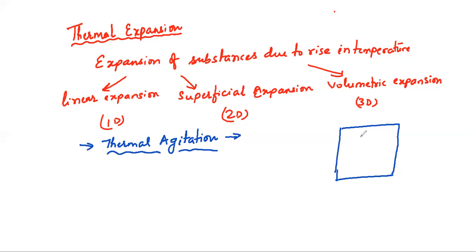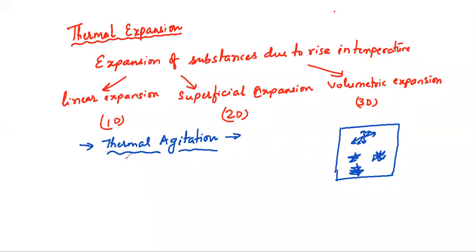These atoms are in random motion, vibrating like this, but they are fixed in their positions. When we provide heat, their vibration increases. That is thermal agitation: their random motion or oscillation increases.